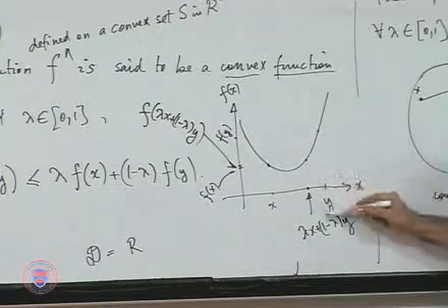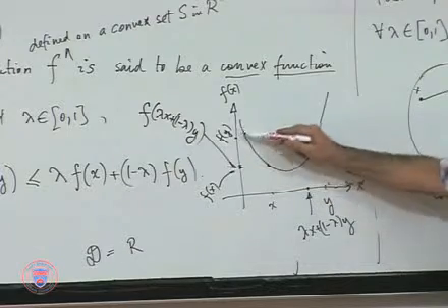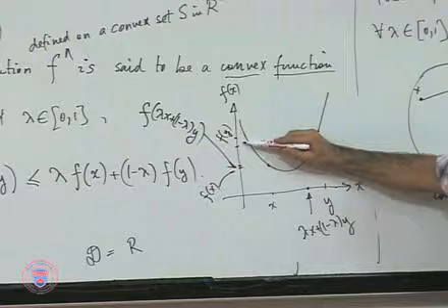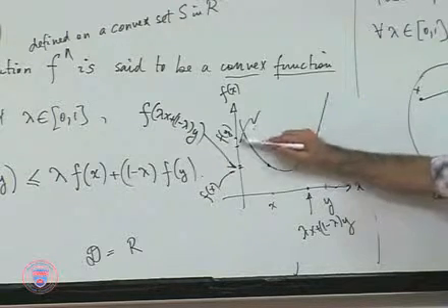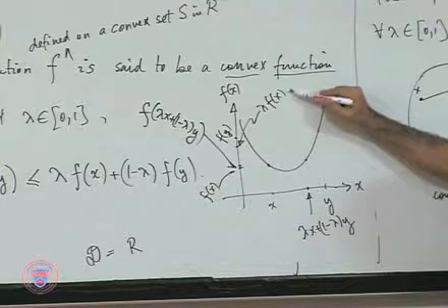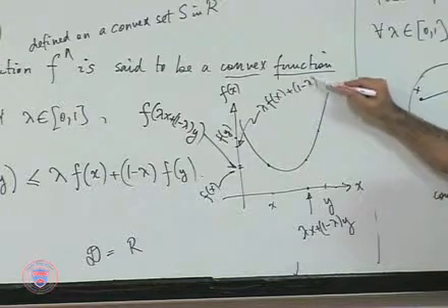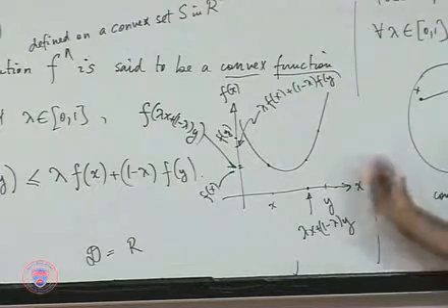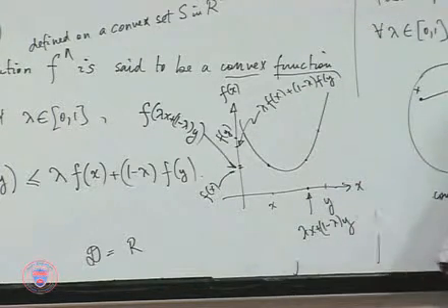And then I get the same lambda combination between f of x and f of y, which gives me something here. So that's lambda f of x plus 1 minus lambda f of y. So make sure you understand where these numbers show up.